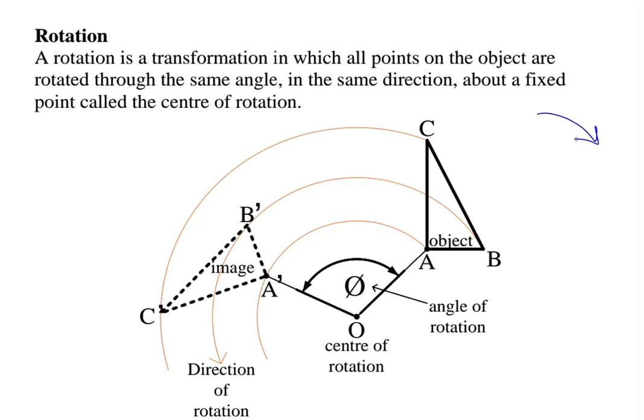If your rotation is going in this direction, it is clockwise, and this is viewed as being negative. Or it could be going in this direction, which is anti-clockwise, which is viewed as being positive.